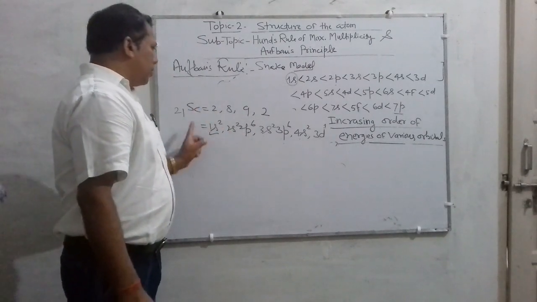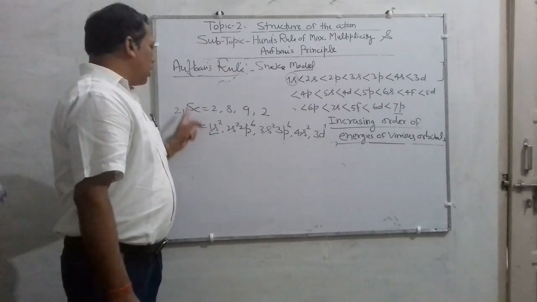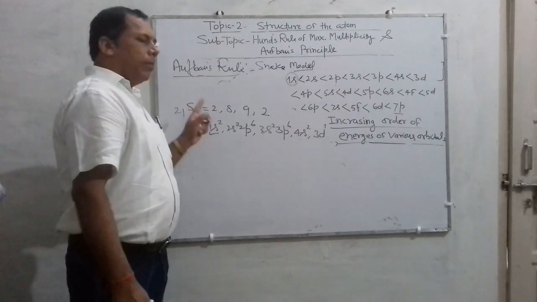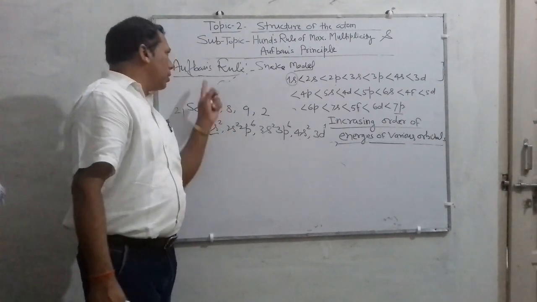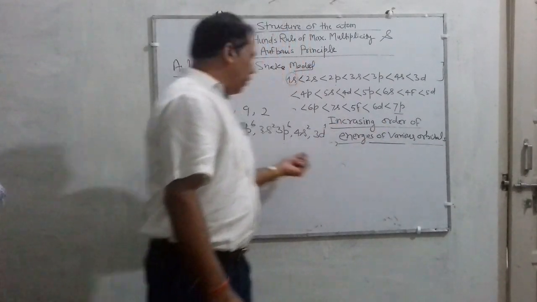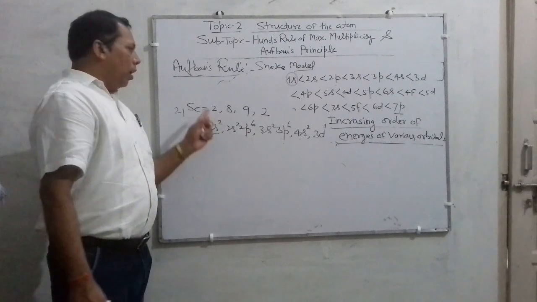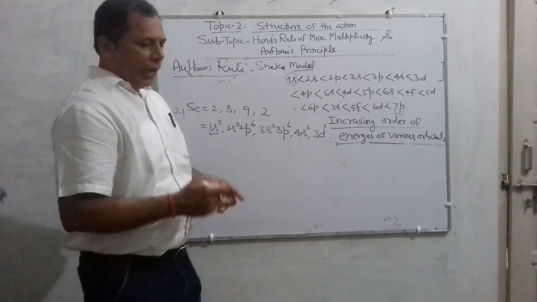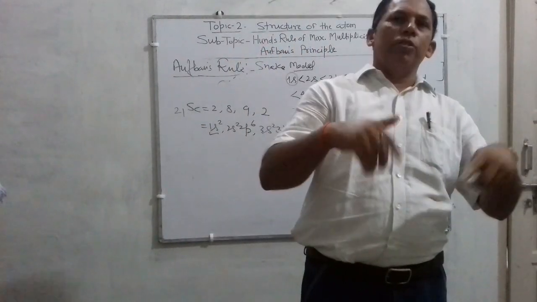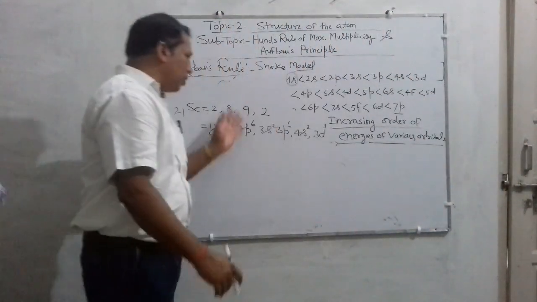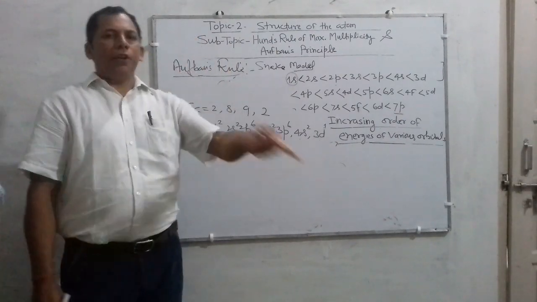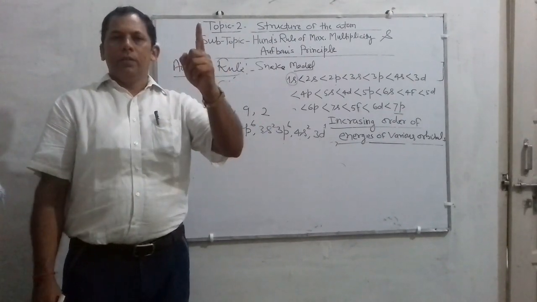Okay, this is the schematic electronic configuration of scandium, following the Aufbau rule and the order of energies of the various orbitals. And one more point: what is electronic configuration? The distribution of electrons among the various orbitals in a sequence is called electronic configuration, children.